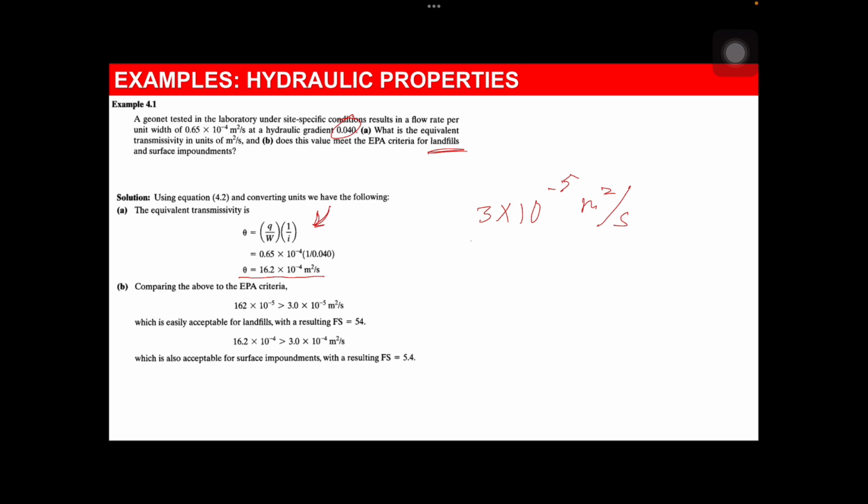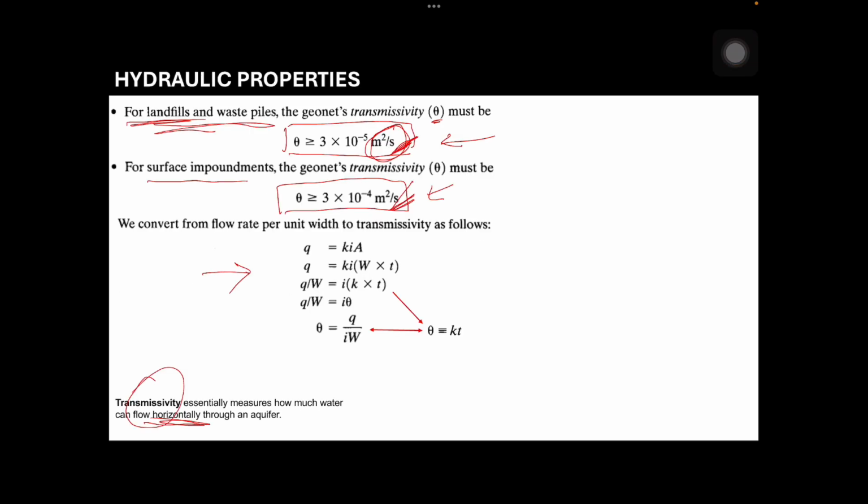And then, compare natin siya dito. Does it meet yung limit? So, since mas mataas tayo sa limit, edi okay siya. And then, computing the factor of safety, it is 54, napakataas. So, okay siya.